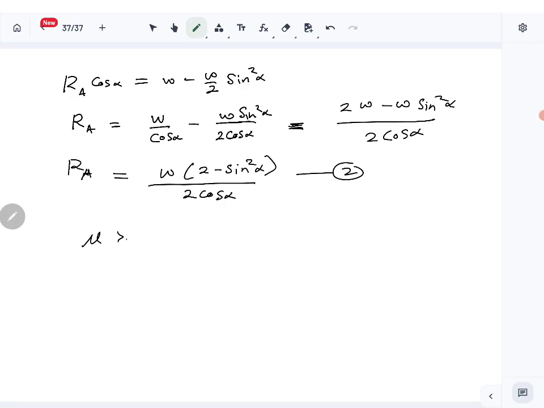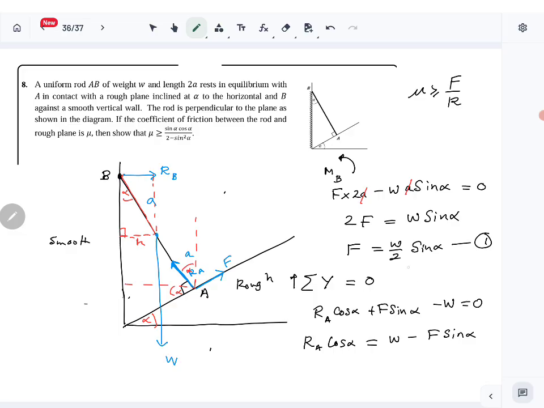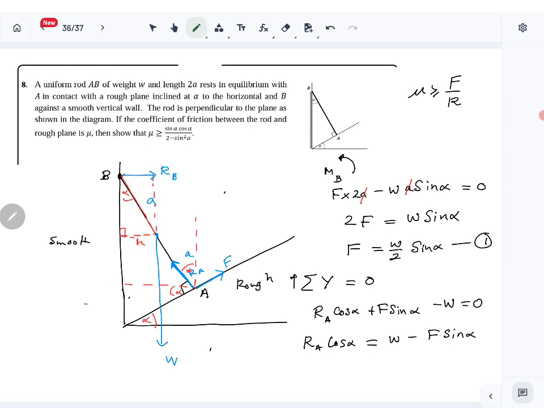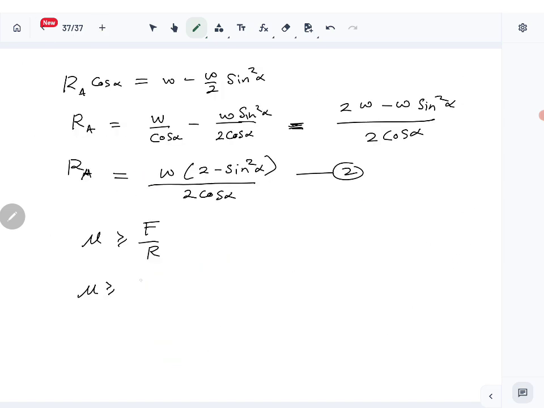Then mu is greater than or equal to F over R. So F is from 1, and you substitute from 1 and 2 into this. Mu is greater than or equal to F, which is W over 2 sine alpha from the first equation, over R, which is W times 2 minus sine squared alpha over 2 cos alpha.